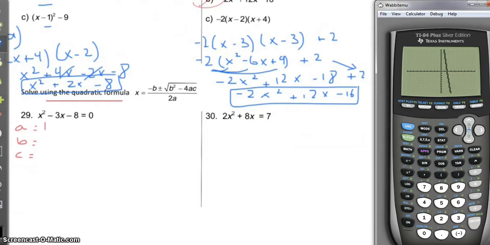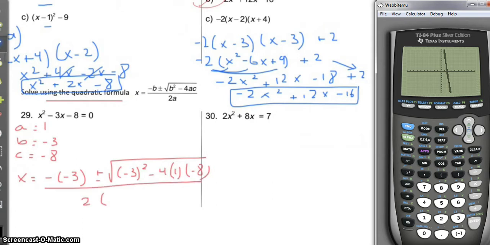So A is 1, B is negative 3, and C is negative 8. Now x is equal to negative b, so negative into negative 3, plus or minus the square root of b squared, so negative 3 squared, as you can see I'm putting it in parentheses, minus 4 into a, which is 1, multiplied by negative 8, over 2 into a, which is 1.